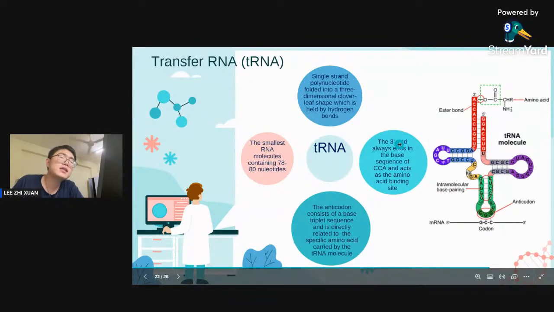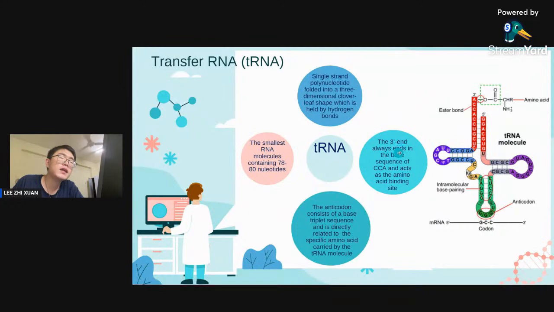And then the 3' end always ends in the base sequence CCA and acts as the amino acid binding site. So the 3' end of the polynucleotide chain will end with CCA, and it is bound with the amino acid.